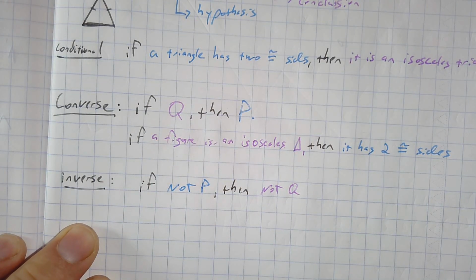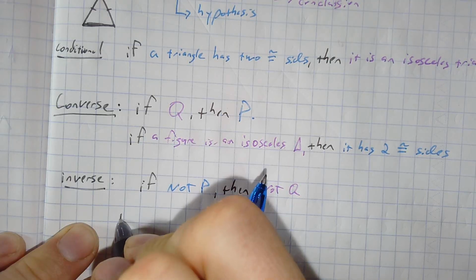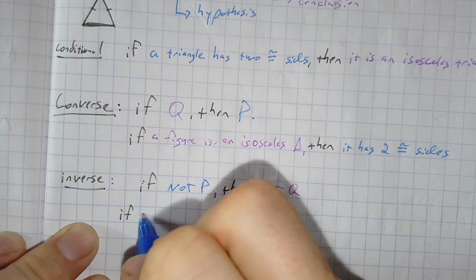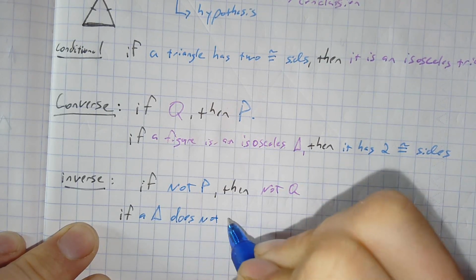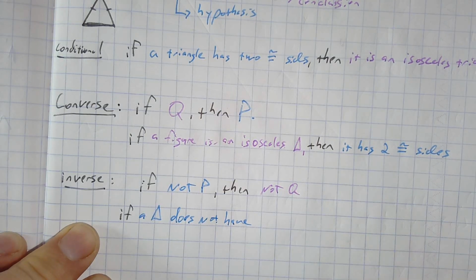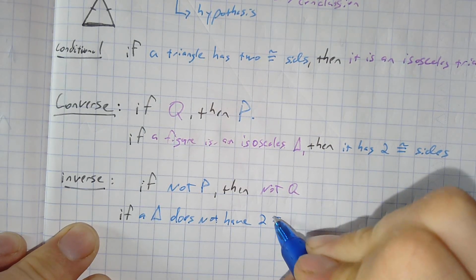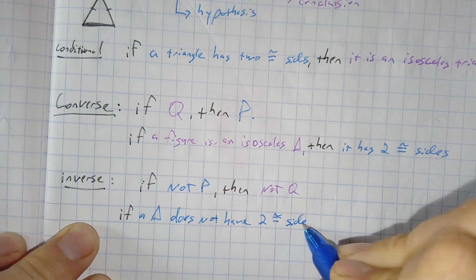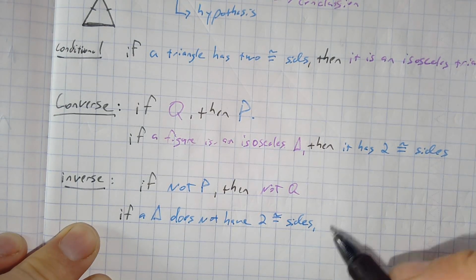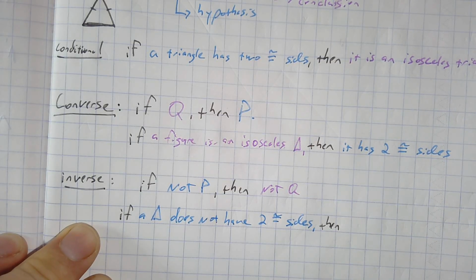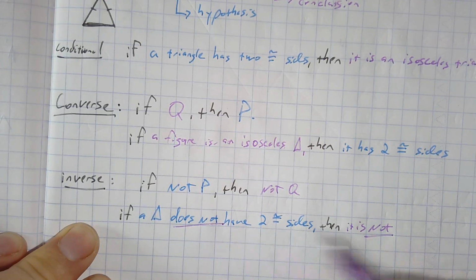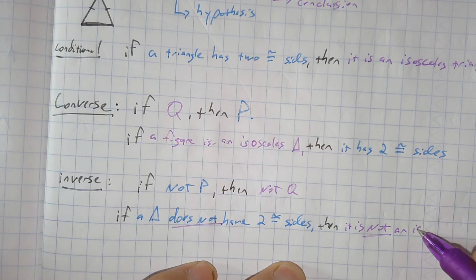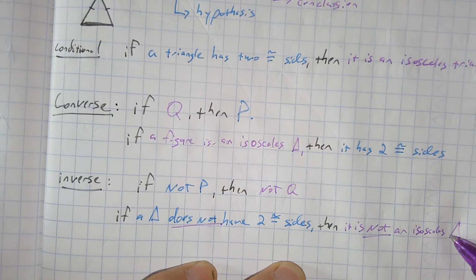Okay, so I'm going to say here, if a triangle does not have two congruent sides, then it is not an isosceles triangle.